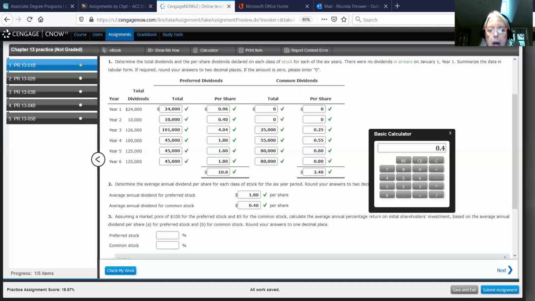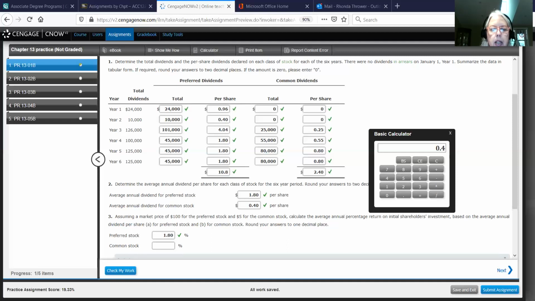So I'm going to switch back to Cengage, and we're going to put in 1.80 as our percent for preferred stockholders. For common stockholders, we're going to do it the same way, except you have to remember that the common stock had a market price of $5 and their dividend per share was 40 cents to start with.